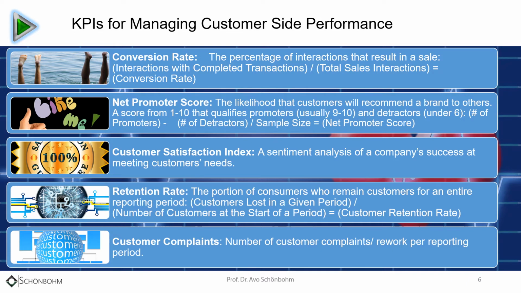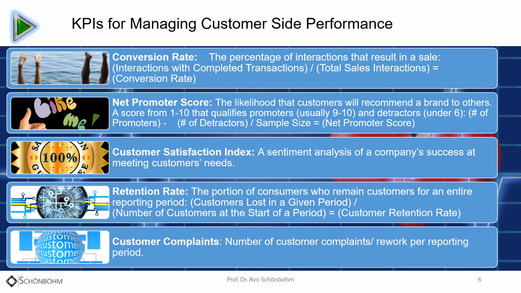Second, the Net Promoter Score, quite popular. It's the likelihood that customers will recommend a brand to others. So we really want the apostles, the ones who are burning with the good news of our business. What's their percentage?